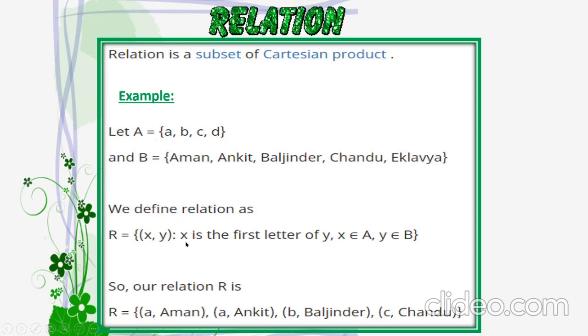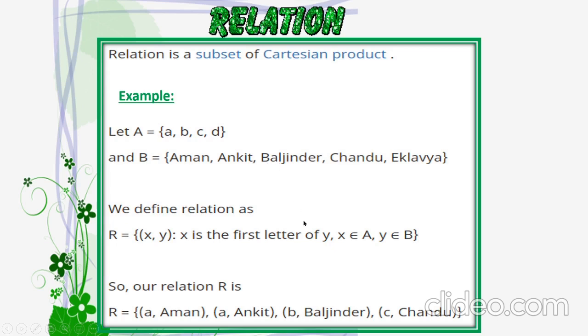Now, how many ordered pairs can we form which satisfy this condition? X is the first letter of Y. Let's start with the first element A. Which are the names that start with A? A Aman and A Ankit. We can make two such ordered pairs which satisfy this given condition. Next is B. Any name starting with B?